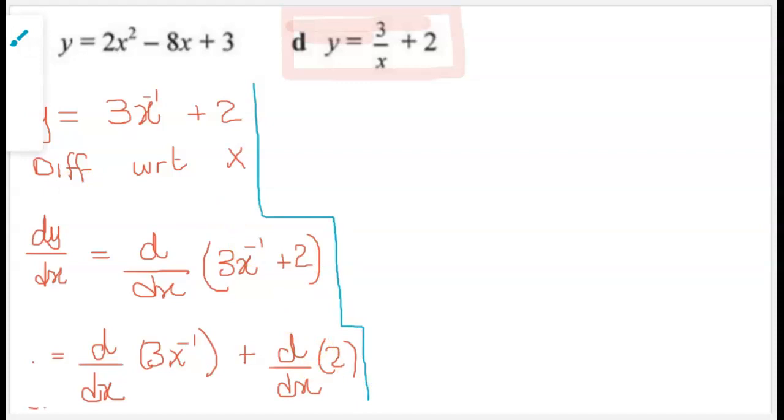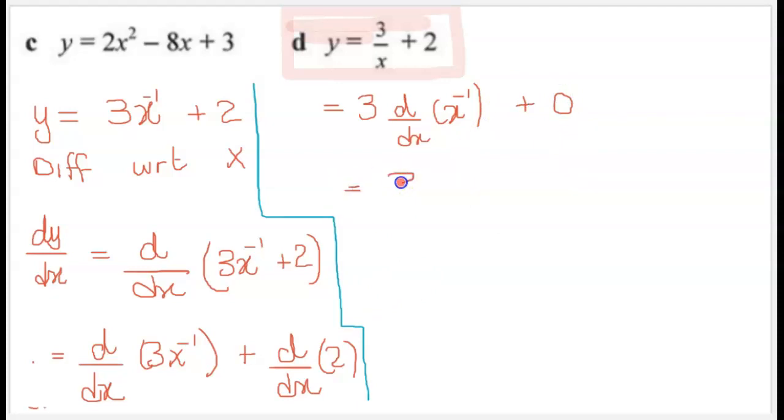To differentiate that one, the 3 stays, and you need to differentiate x to the minus 1. And you know the derivative of the constant 2 is just 0.